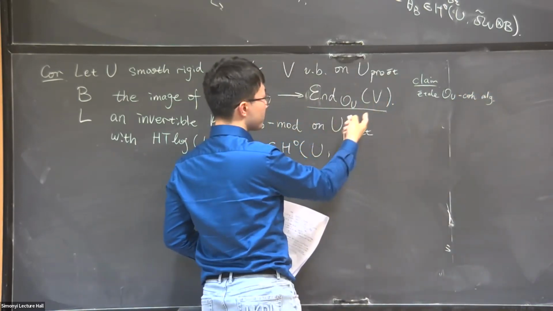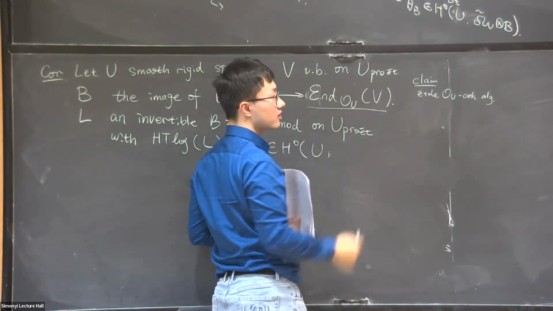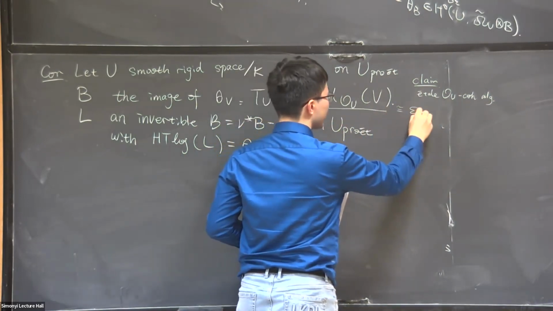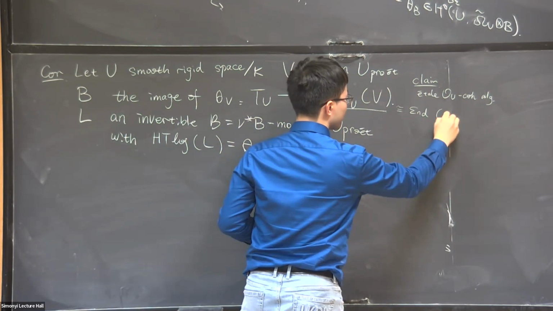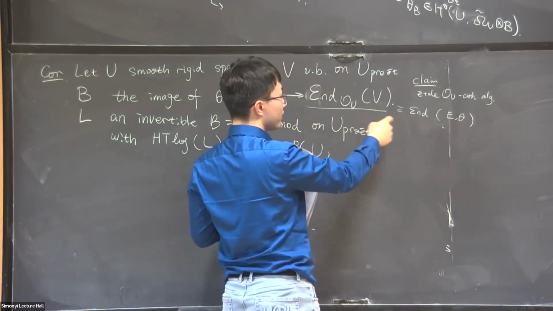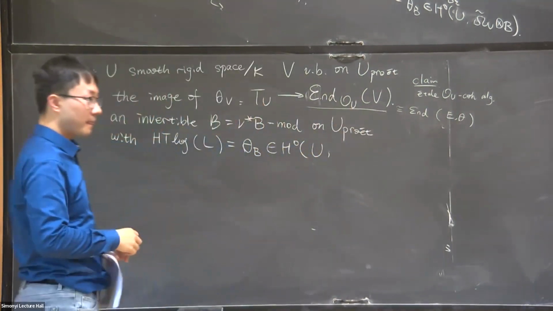Why is that? This is a statement étale locally. So locally, I can use the local Simpson correspondence to see that this is isomorphic locally with the endomorphism of the corresponding Higgs bundles. So étale locally, it is an OU coherent algebra. So globally it is also.